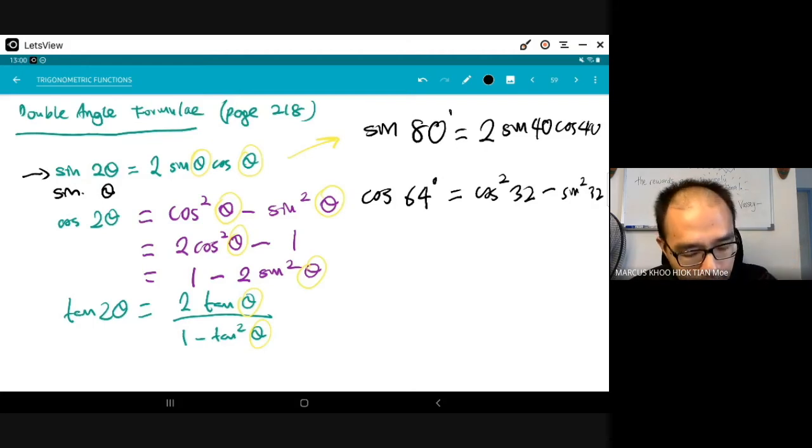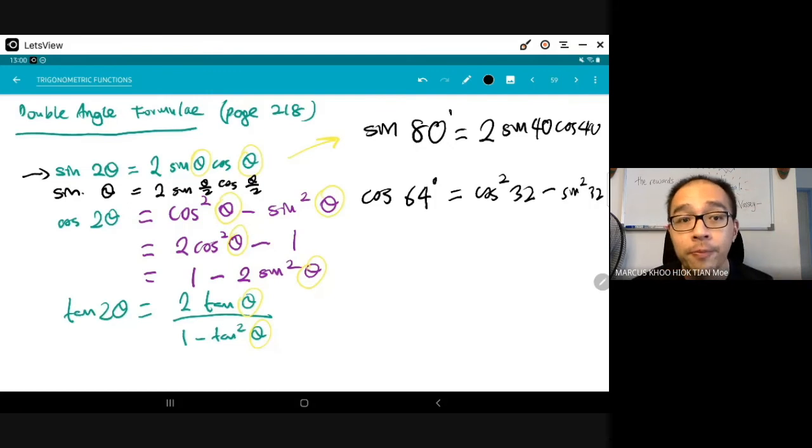What I'm going to get is 2 sine theta over 2, half theta, and cos theta over 2. The angle becomes half. So we call this the half angle formula, which actually comes from the double angle formula. I know that in your workbook and even in a textbook, they give you this one and they call this the half angle formula.